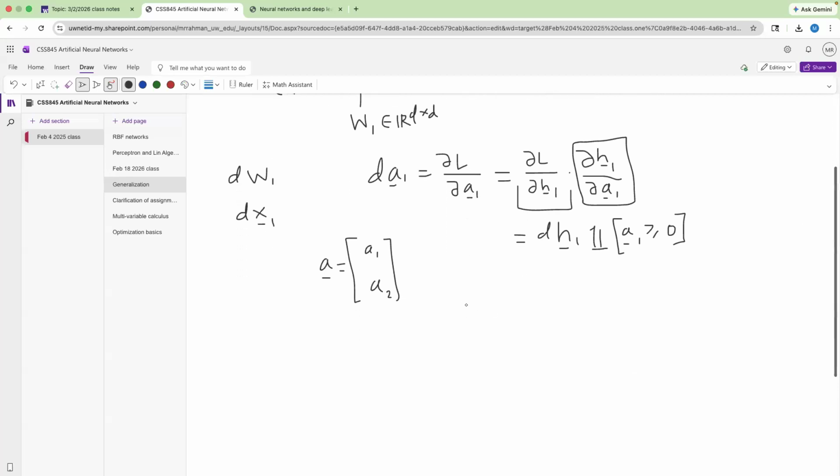And if you want to differentiate with respect to ReLU of this vector, this will actually be, it's going to be identity of... I think I need to do a better job with my notation.